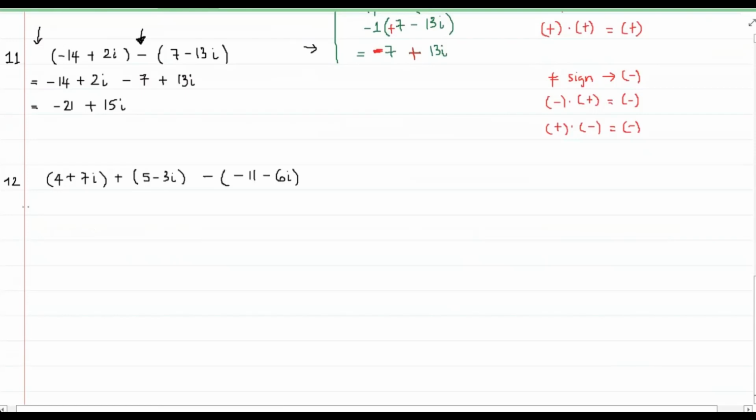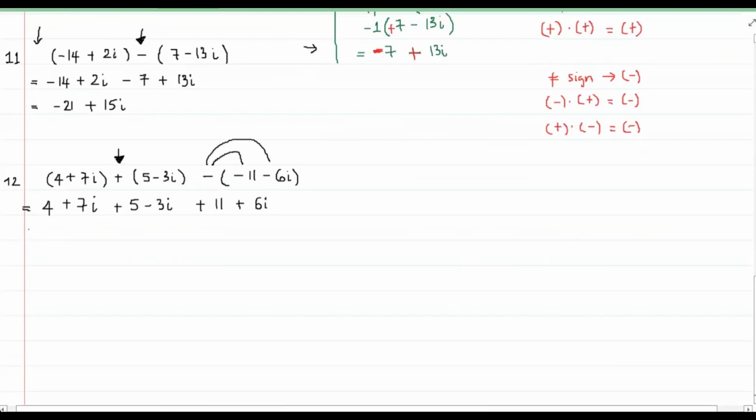Do the same. It's 4 plus 7i. Now that's positive, right? That's the positive side right here. So we keep the same inside. That negative changes the sign inside, so that becomes positive 11 positive 6i. Okay, that's the distribution.